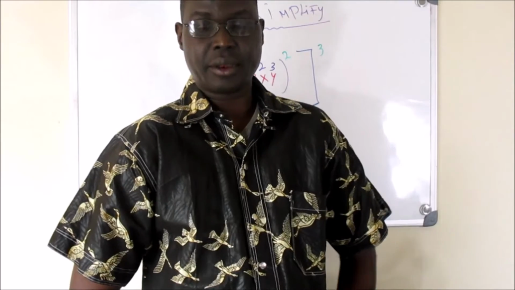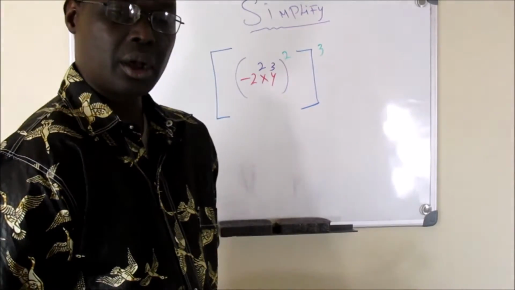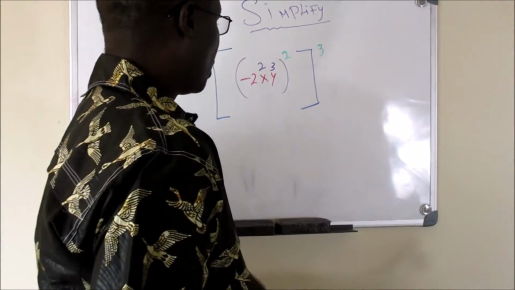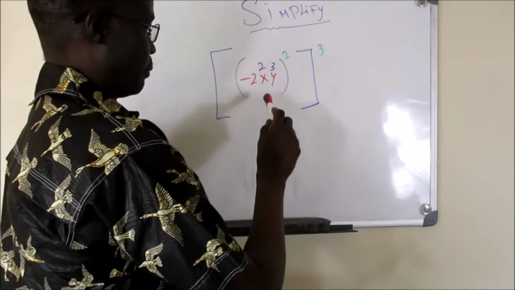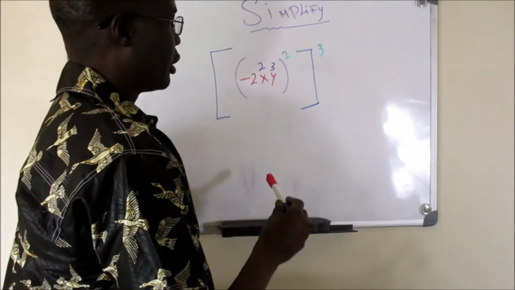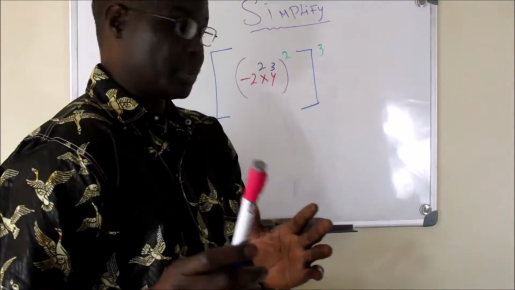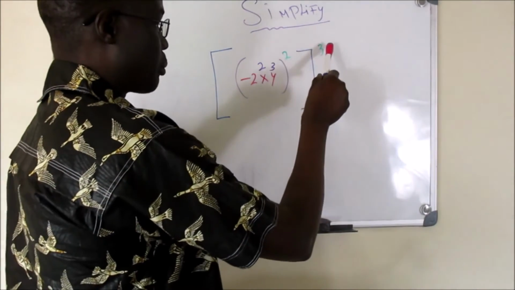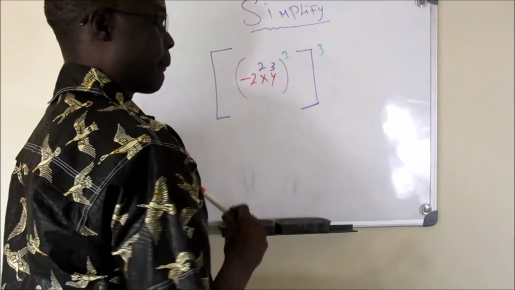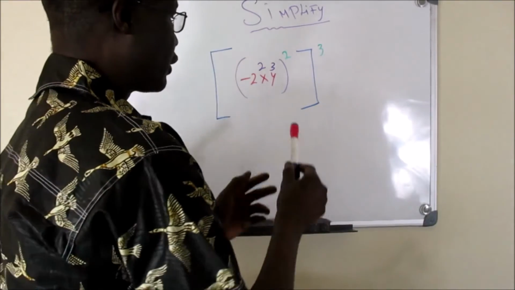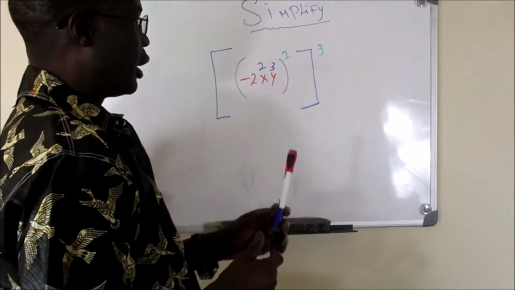Today we have a different exercise. Last video we had X and Y. In this type of exercise, if you can see here, we have a power of 2. And there are 2 different ways we can solve this problem.